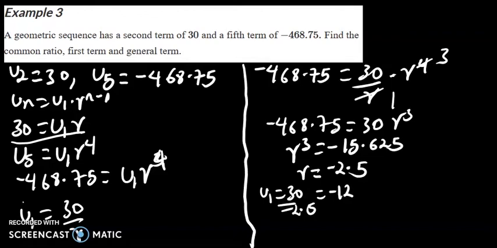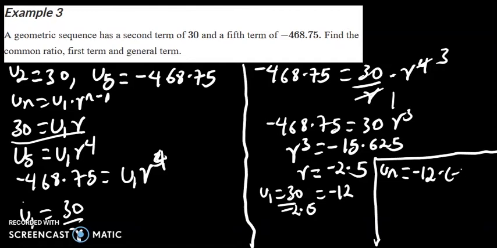To find the general term, let's make a box here since we have no place. The general term will be u1, that's minus 12, times r, that's minus 2.5, to the power n minus 1. So that should be our general term.